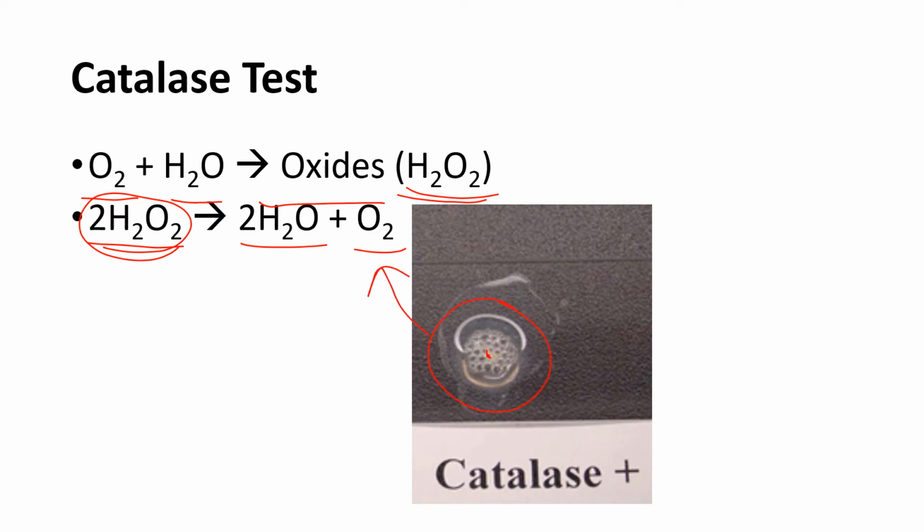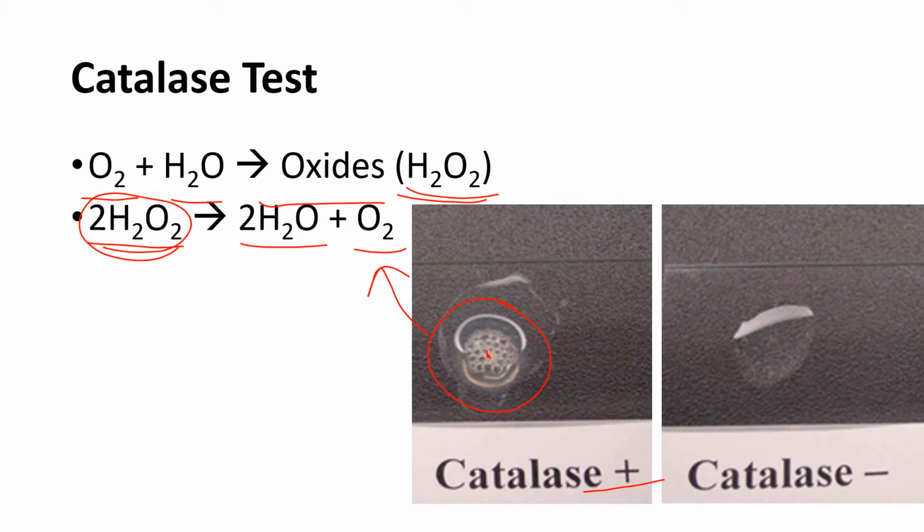So that means that the catalase is present. It's breaking down the hydrogen peroxide into water and oxygen gas. So this is the example of a positive reaction. For a negative reaction, you would have added a drop of hydrogen peroxide and no bubbles means that the hydrogen peroxide is not being broken down by catalase. So this would be catalase negative.